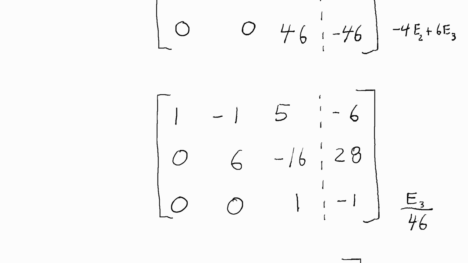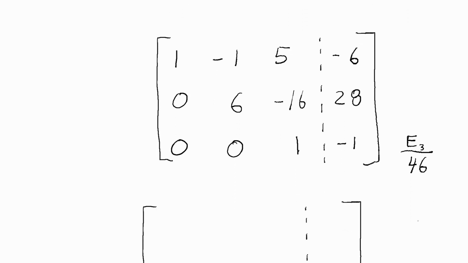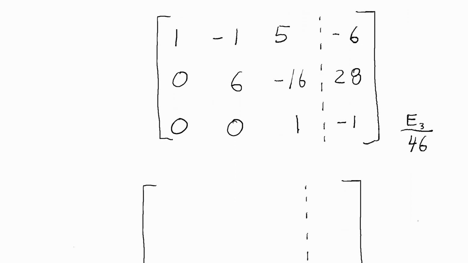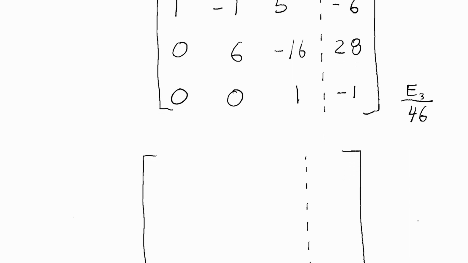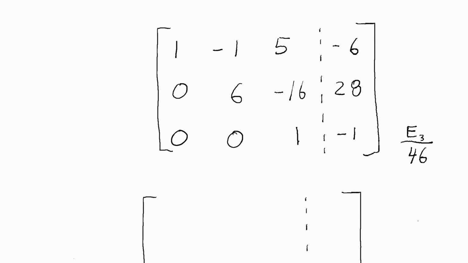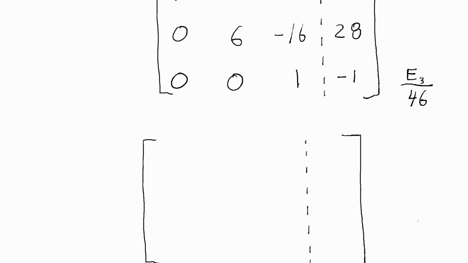Okay. Now what I'm going to do is try to introduce zeros in the entries above the diagonal. So I'll do that here, and then you'll see why that's a nice thing. The rules I'm going to use, I'll explain where I'm getting these after I write them.